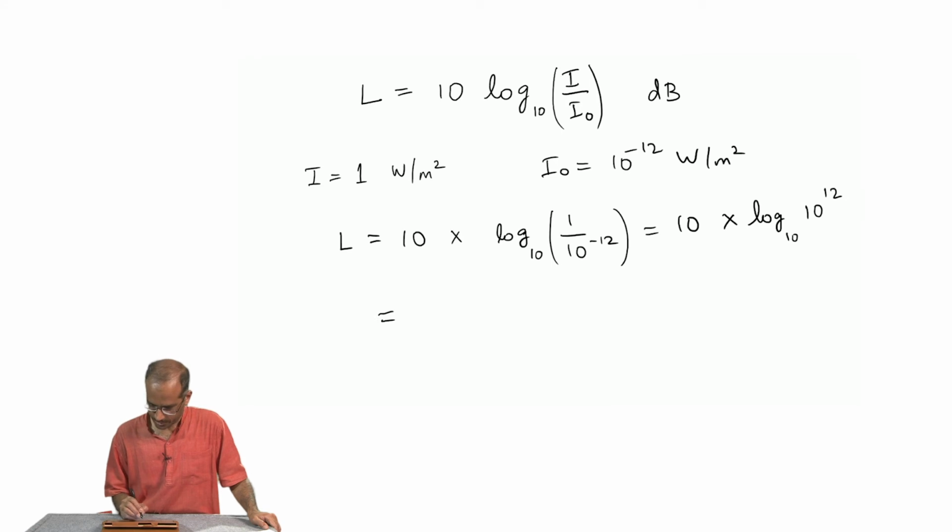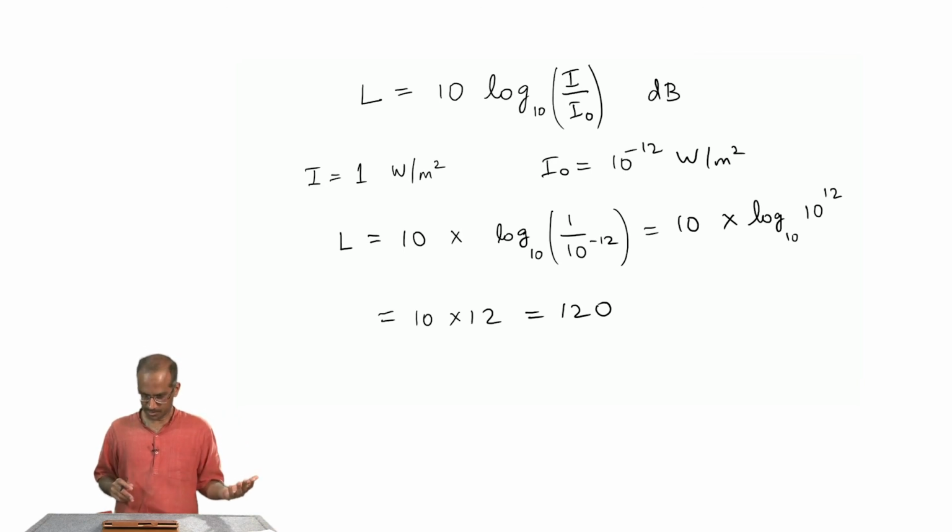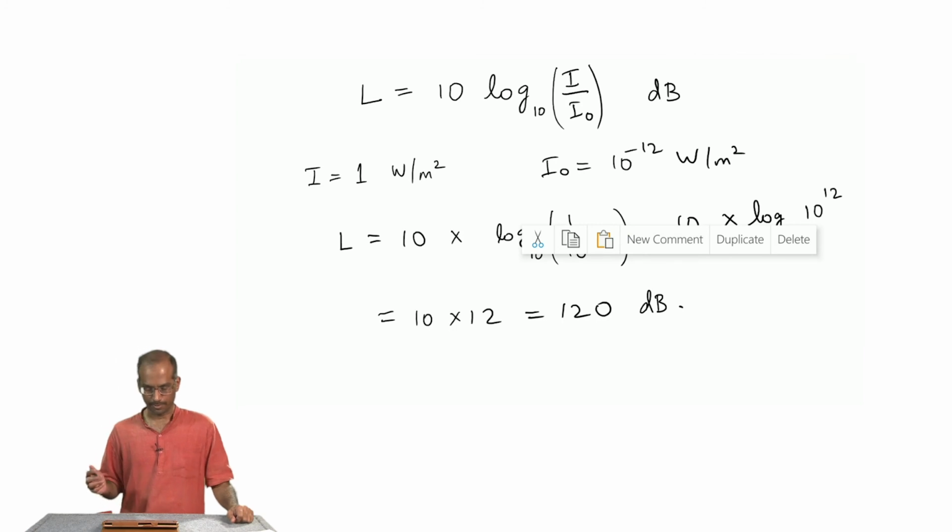So, that is going to give me 10 multiplied by 12, which is equal to 120. So, between the lower limit which is 10 power minus 12 to upper limit, the range is 120 decibels or 12 bells.